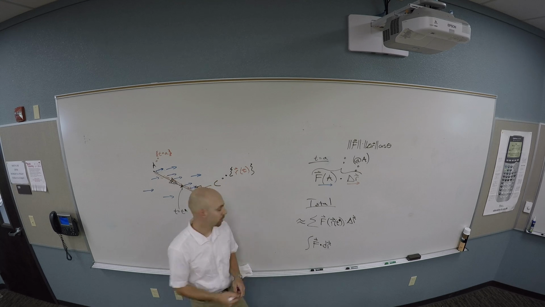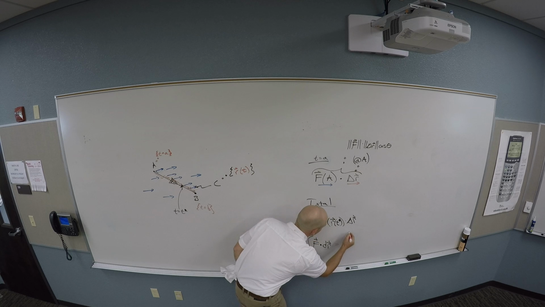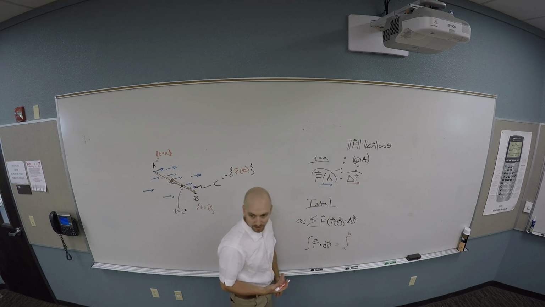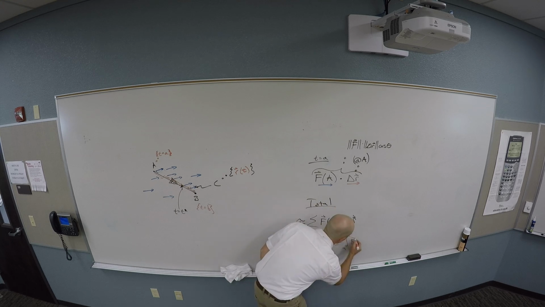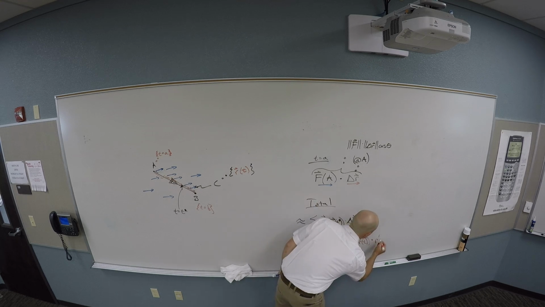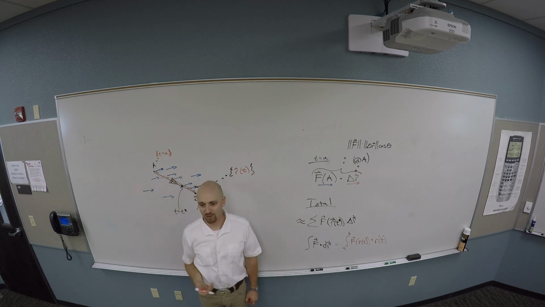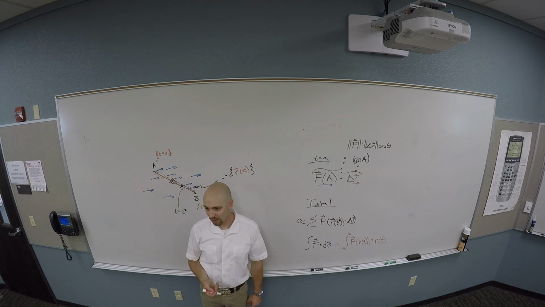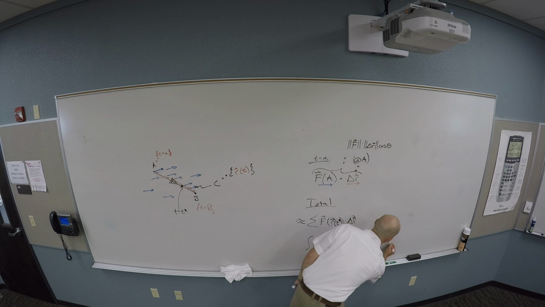The execution is you need to give ourselves some times, A and B, and then evaluate F at R of T and dot product with R prime of T. That's our instantaneous red arrow instead of our average red arrow. And then we need to integrate this dt, because it's the only choice you've got.